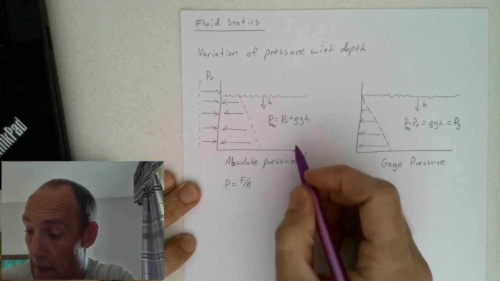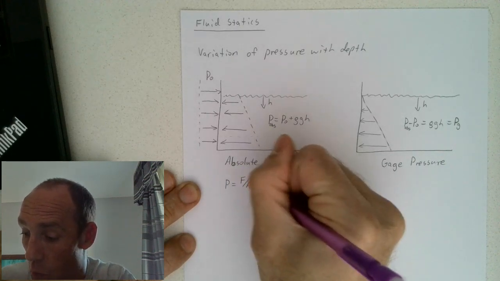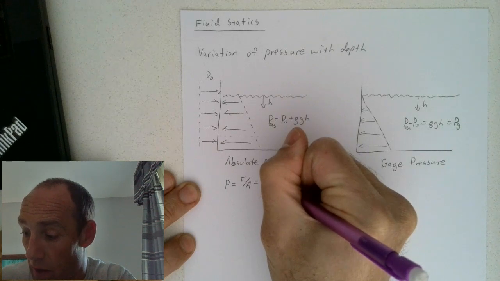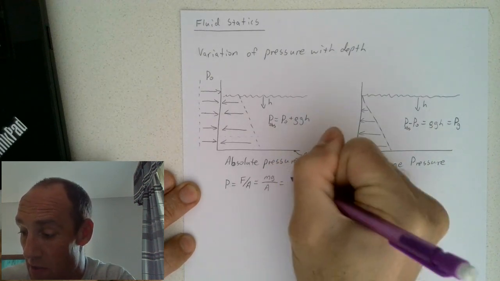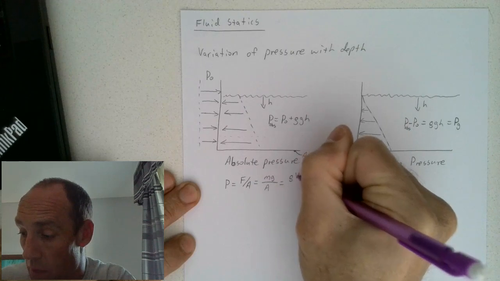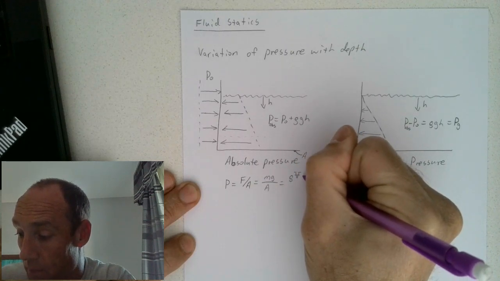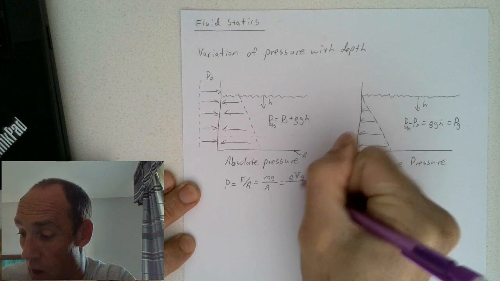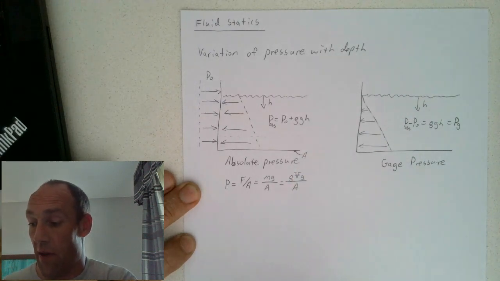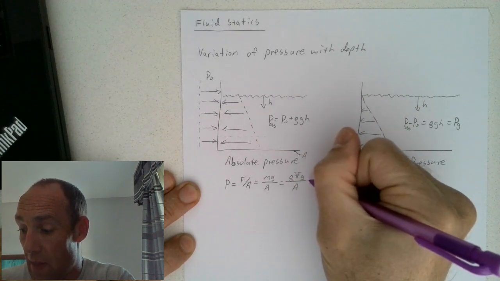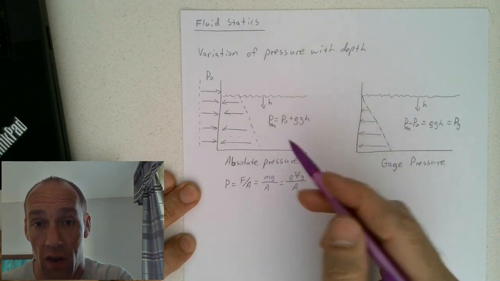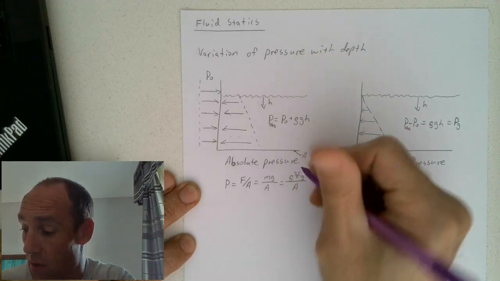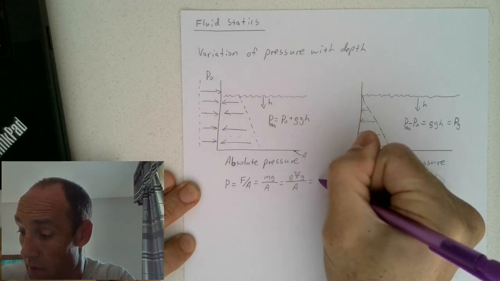And so the force is going to be the weight, which is the mass times gravity over the area, and the mass is just the density times the volume, times gravity, divided by the area. And the volume divided by the area perpendicular to the z direction would give you just the height.